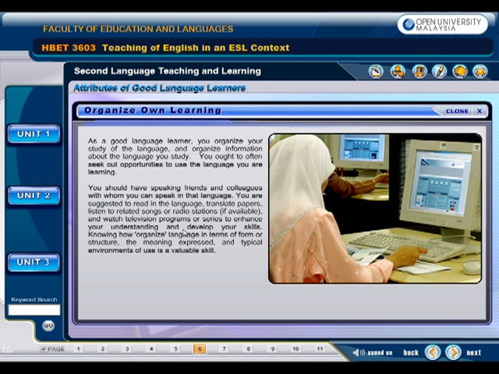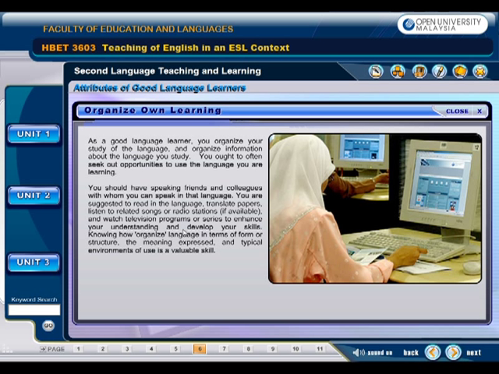As a good language learner, you organize your study of the language and organize information about the language you study. You ought to often seek out opportunities to use the language you are learning. You should have speaking friends and colleagues with whom you can speak in that language.